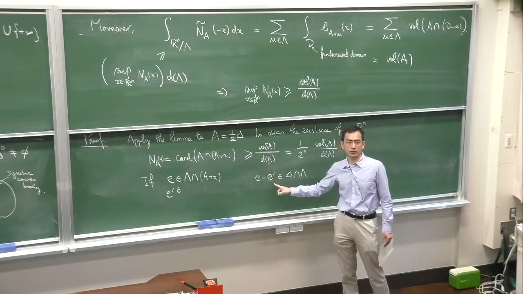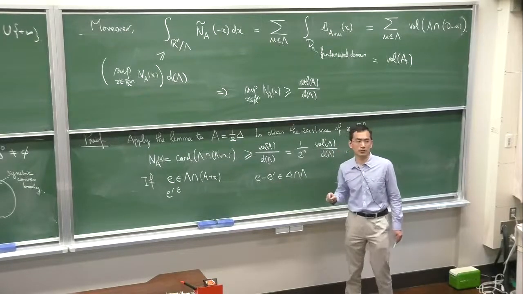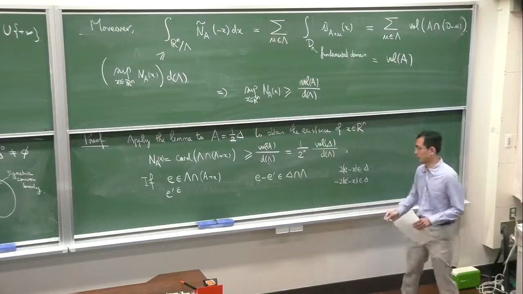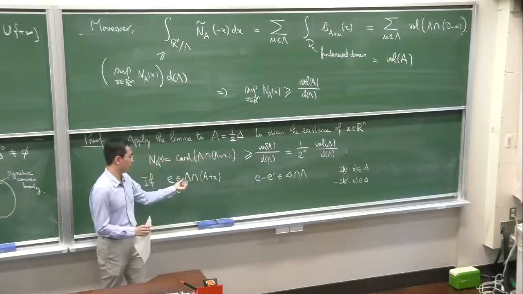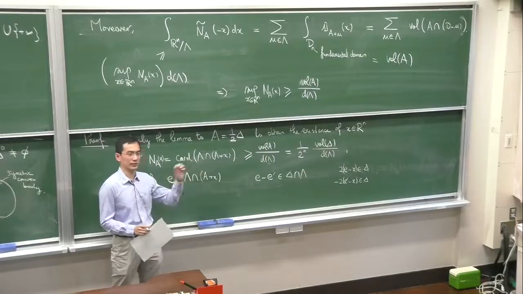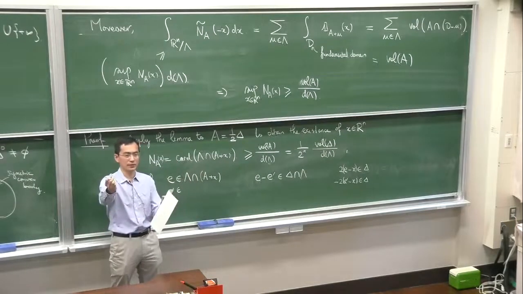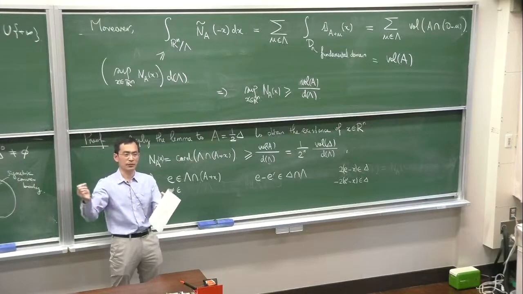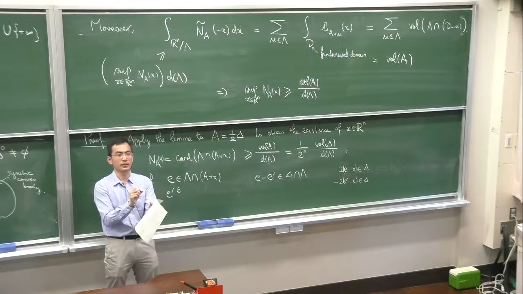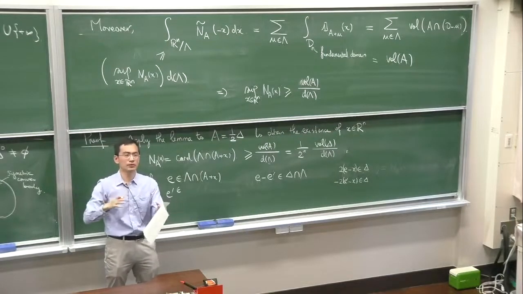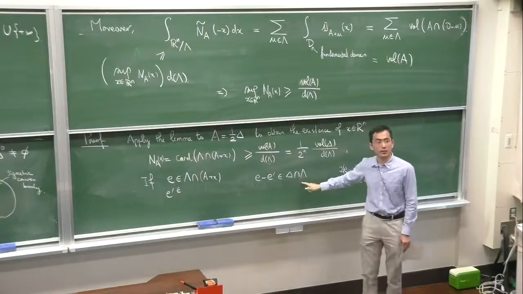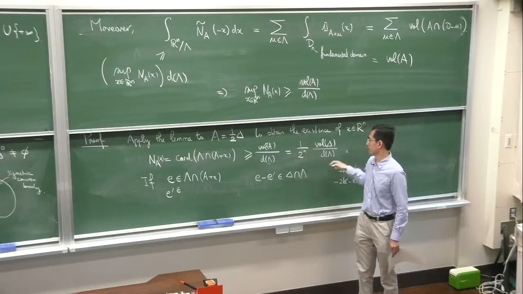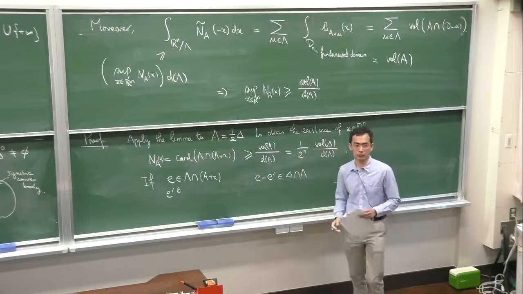And as these are lattice points, their difference is also a lattice point. So you get this one. And so you can fix a point inside as a reference, and then you compute the difference of other points with this reference point. That will produce different points inside delta intersection with lambda. So there are at least such points inside this set.